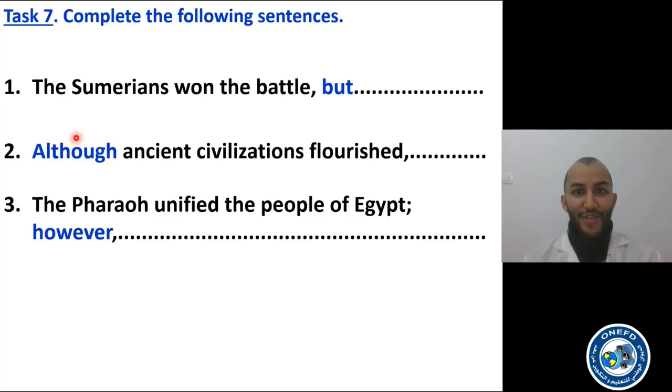So the Sumerians won the battle, but, and you continue. Number 2, although ancient civilizations flourished, and you continue. The last one, number 3, the Pharaoh unified the people of Egypt. However, and you continue. I'll give you a few minutes to think about it, and I'll see you after.